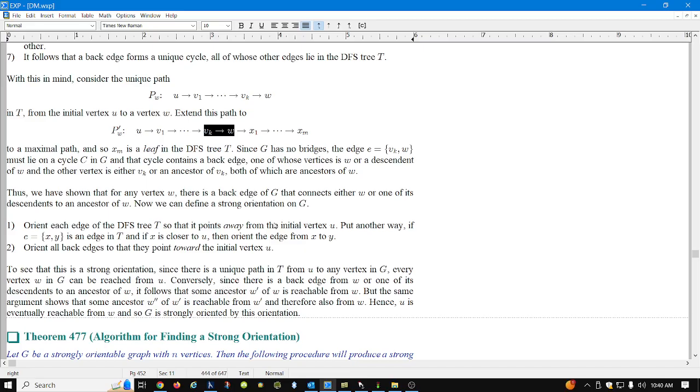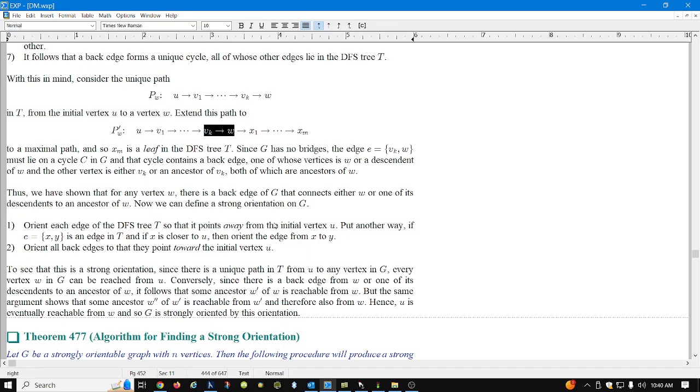That means that some ancestor of W, call it W prime, is reachable from W. We're backing up now. We might have to start at W and go further away until we hit the vertex of that back edge.